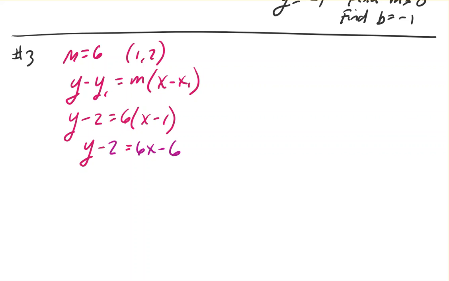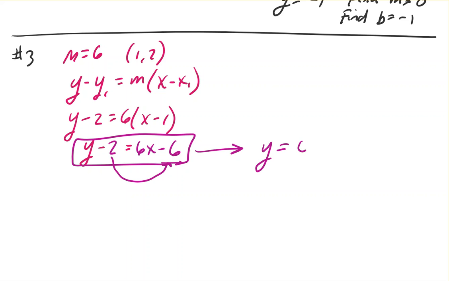So I'm just going to walk you through this, but this is the answer they want in that box. All we would need to do is move this 2 over here. So we would get y equals 6x minus 4, where m equals 6 and b equals -4, which is the ordered pair 0, -4.